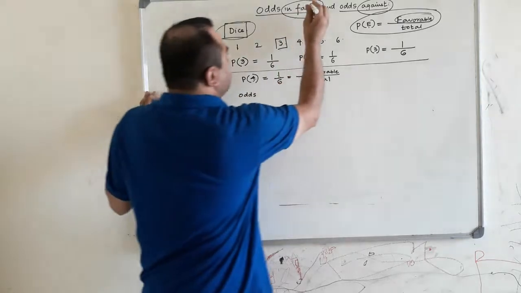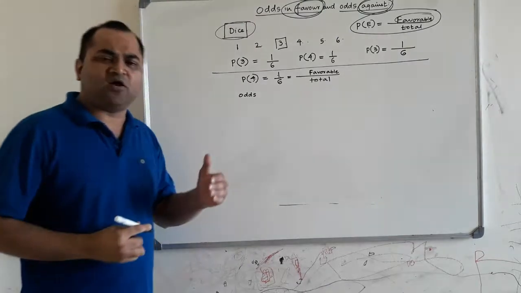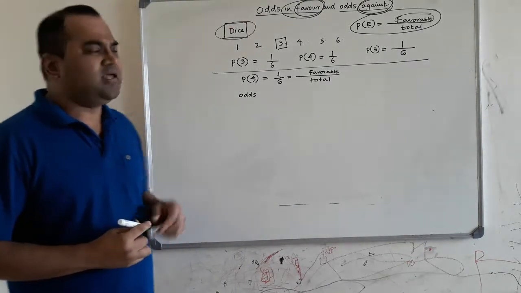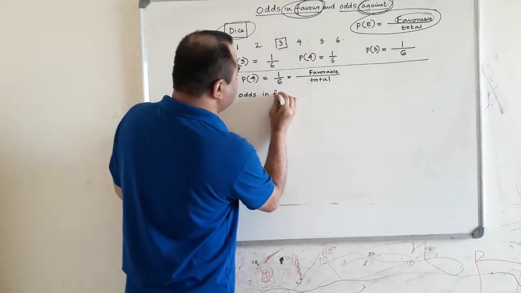As I said earlier, there are two kinds of odds. One is odds in favor of the event and the other is odds against the event. First, let me deal with odds in favor of an event.